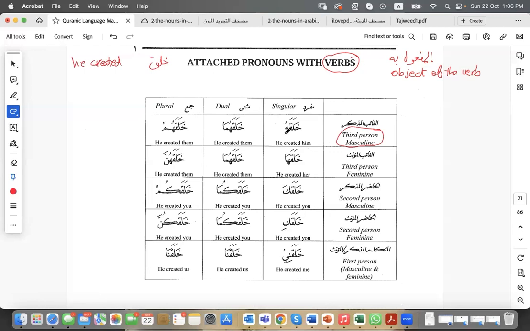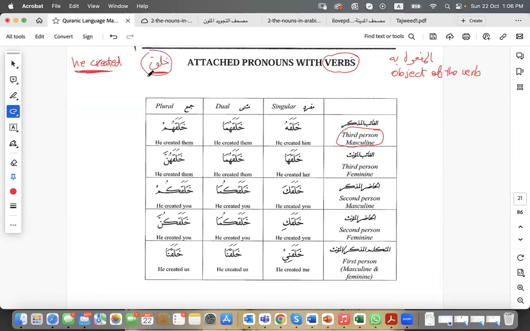And with singular, please remember that we are now referring to who received the action of the verb. We are referring to the object of the verb. So simply خلق, we have already the خلق as a word like this. It means he created. It includes something here in this form.